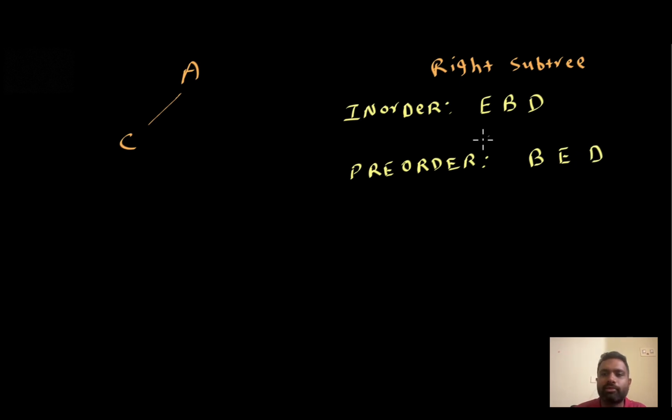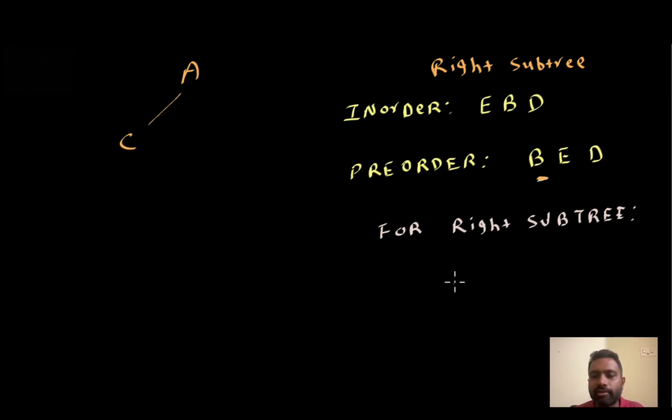Now apply the same process in a right subtree. So first will be root. So for a right subtree, what will be the root? First node will be the root, right? So root I have found out that is just B.